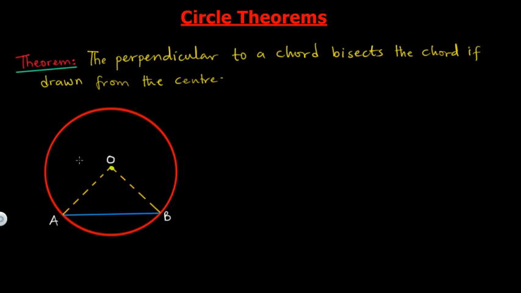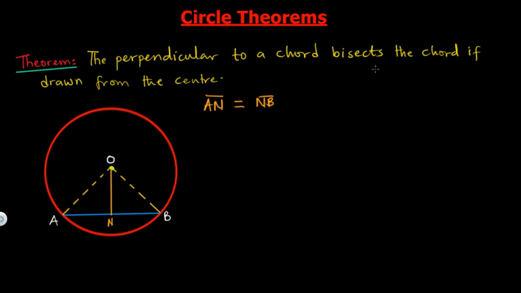If we have a perpendicular that is drawn from the center, and this perpendicular meets the chord at the point N, then this means that AN is equal to NB, because this perpendicular bisects the chord AB.